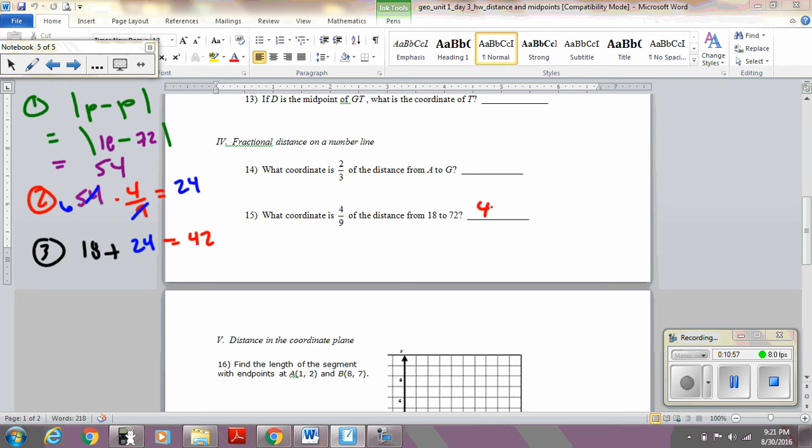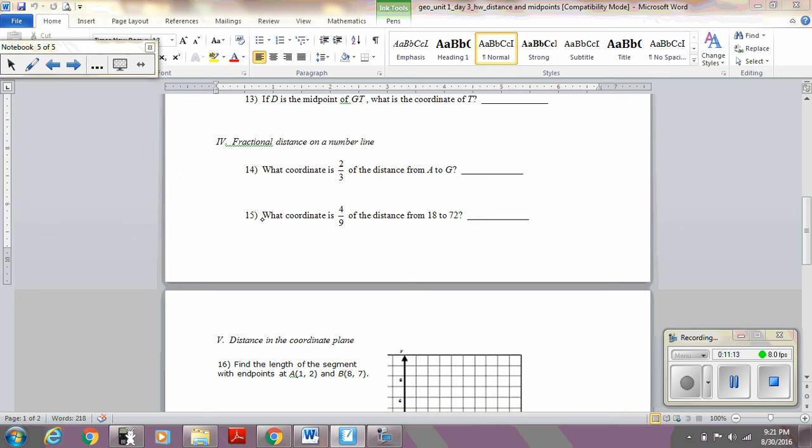So 42 would be the final answer for that one. Now follow those same steps with number 14.